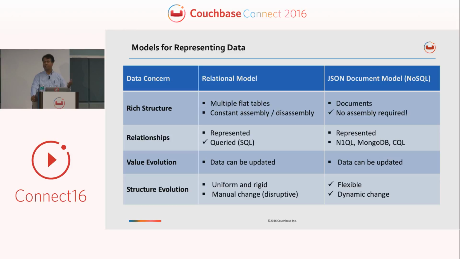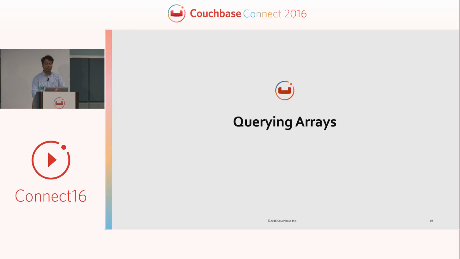Obviously, I'm biased. I think N1QL is the best, but we'll get into the details in a moment. And value evolution is supported in both models, whereas structure evolution is much more difficult in the relational model, and JSON is flexible and can handle change dynamically. Okay.